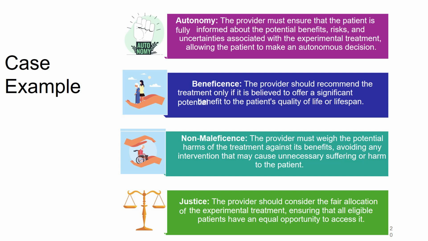The provider must ensure that the patient is fully informed about the potential benefits, risks, and uncertainties associated with the experimental treatment, allowing the patient to make an autonomous decision. Beneficence: the provider should recommend the treatment only if it is believed to offer a significant potential benefit to the patient's quality of life or lifespan.